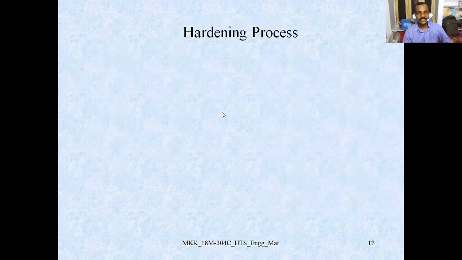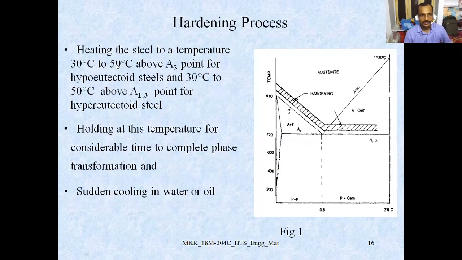So heating the steel to a temperature from 30 to 50 degrees centigrade above the A3 point for hypoeutectoid steels and 30 to 50 degrees centigrade above the A1 point for hypereutectoid steels. This is A3 and this is A1. So those are the temperatures.